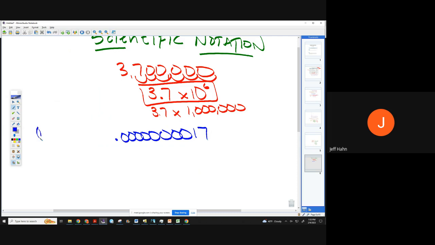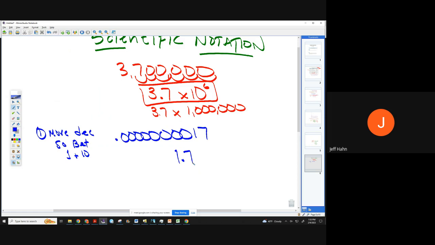Step number 1 is you need to move the decimal so that it's between 1 and 10. Which means, where would it go? Lila, where am I going to move my decimal to? Very good. The decimal's gonna end up here, it's gonna be 1.7.